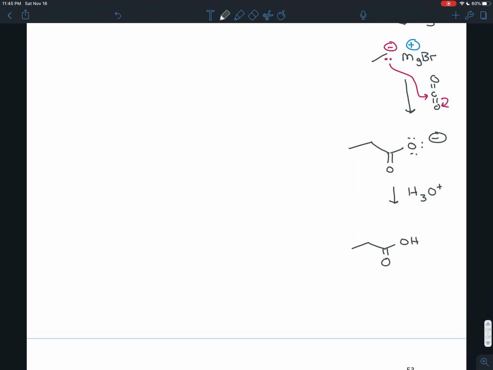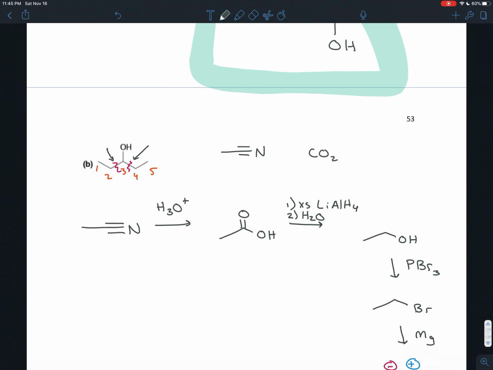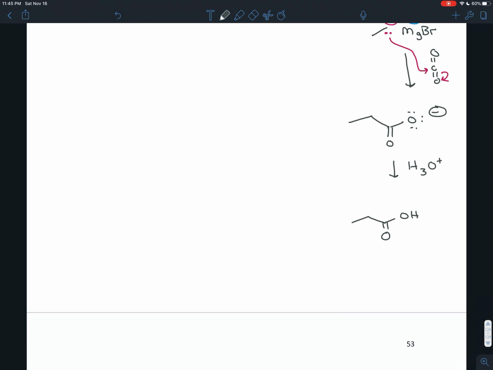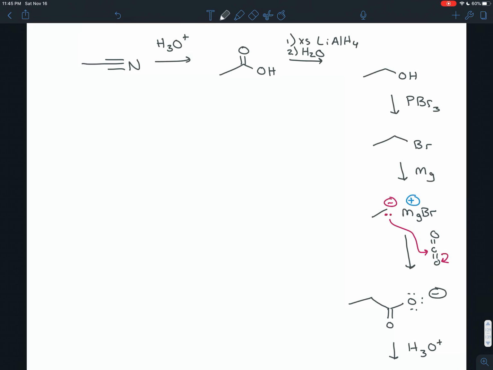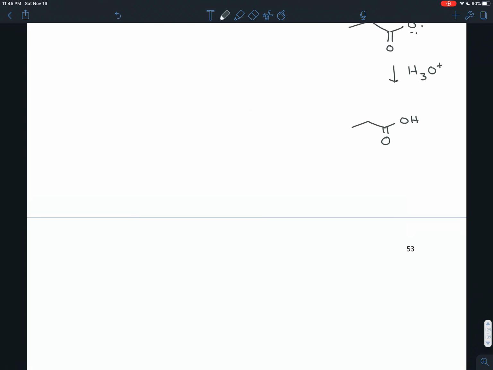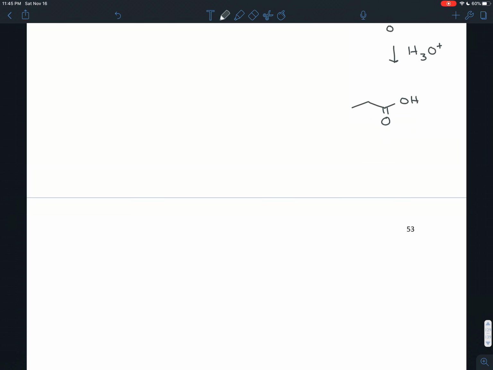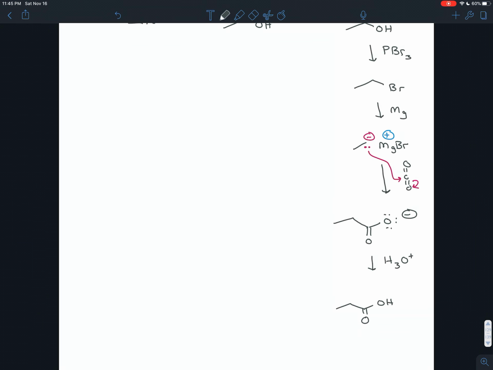Now, ultimately, in this molecule, we want to attach another ethyl group here. Well, what we need to do that is another Grignard reagent, another 2-carbon Grignard reagent. So we can go through the same process as above, and here I'll just do it vertically on the other side of this page.